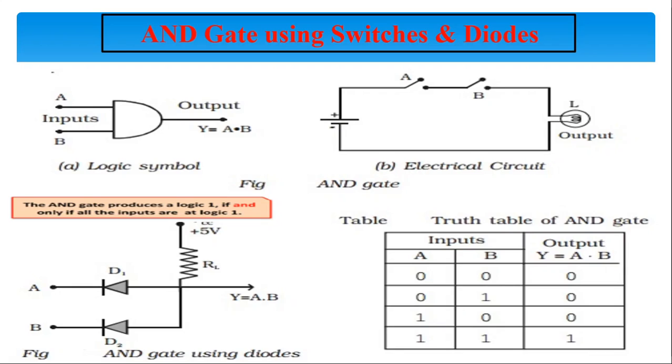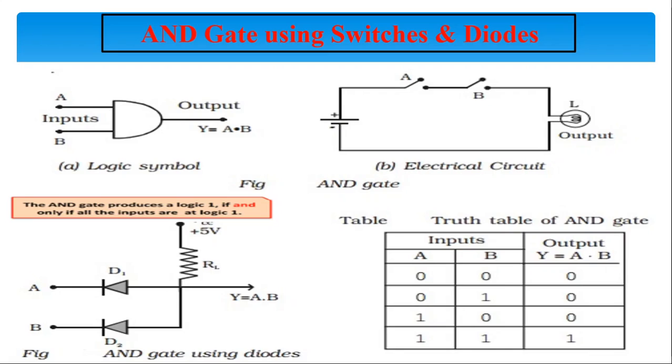Similar to the OR gate, the AND gate can be implemented using switches as shown in figure B, in which the switches are connected in series. Let us consider an electronic circuit consisting of a battery, switches and a lamp to explain the AND function.